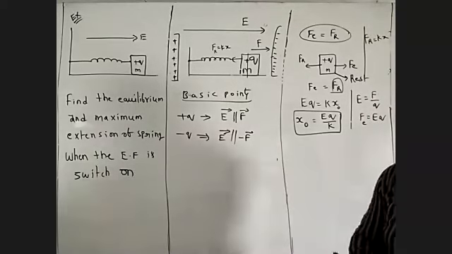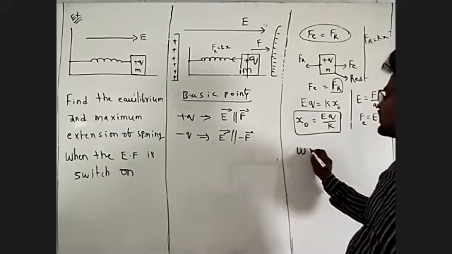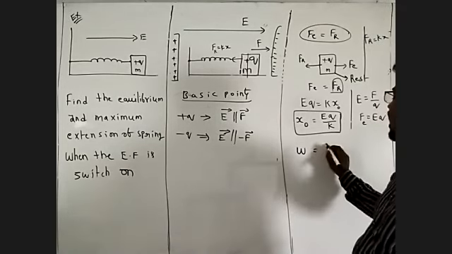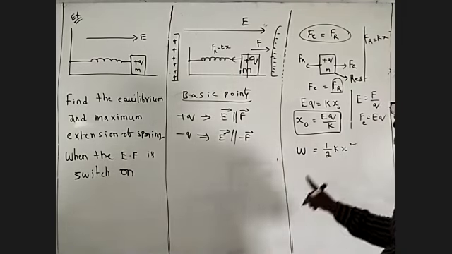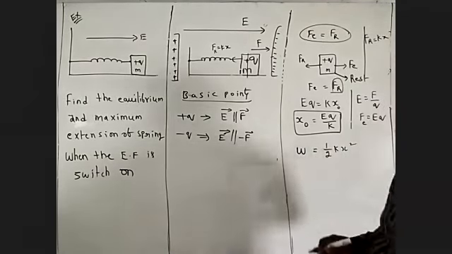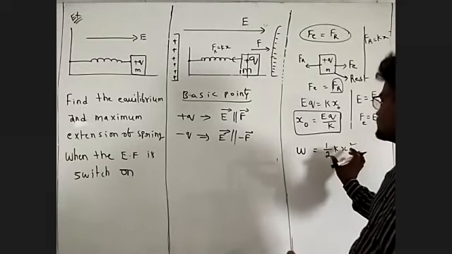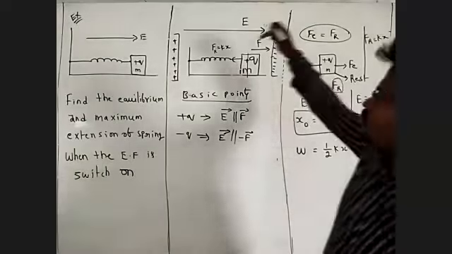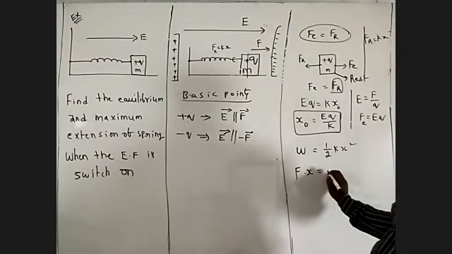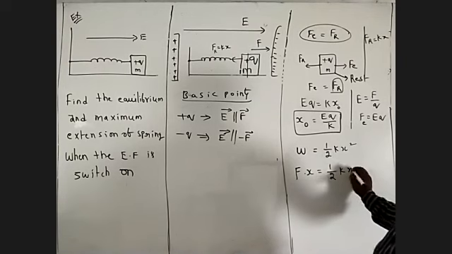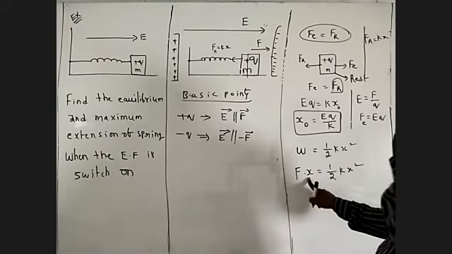Suppose the block is in motion. What is equal to half kx squared? Half kx squared is the potential energy stored in the spring. Work done is force into displacement, equal to half kx squared, where x is the extension of the spring.